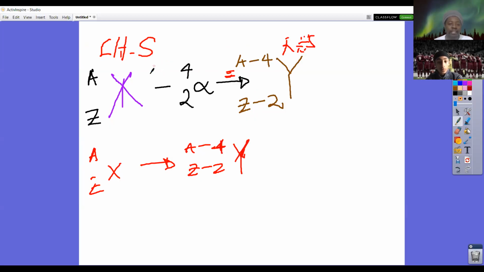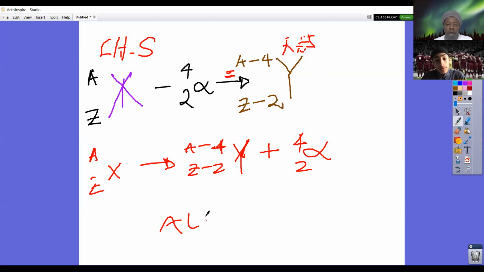I can take the minus 4 alpha to the other side of the equation, and it becomes a plus. All those forms are acceptable. So this represents alpha decay.